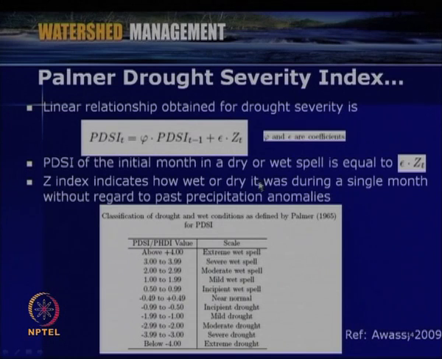So, according to the Palmer drought severity index, the classification of drought and wet conditions as defined by Palmer for PDSI is given here.